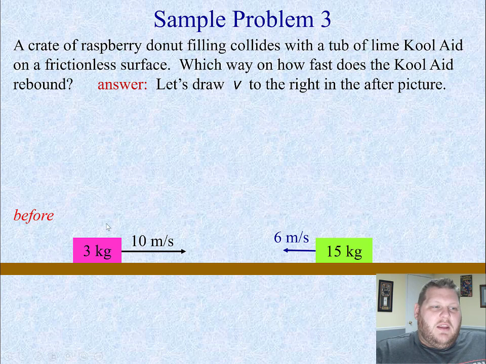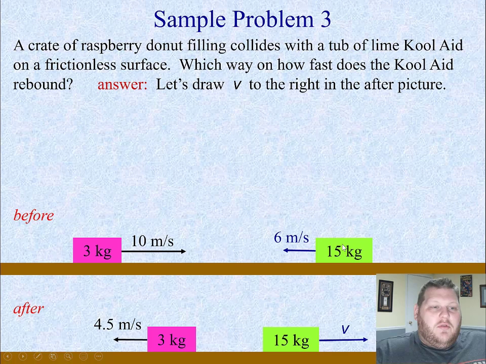Our raspberry donut filling has a mass of 3 kilograms and is traveling 10 meters per second to the right. Our lime Kool-Aid has a mass of 15 kilograms moving to the left at 6 meters per second. So as they go through, they're going to hit each other, collide, and go back in the opposite direction.